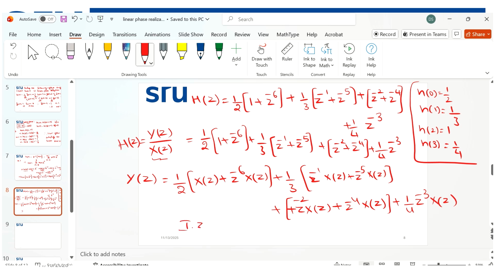Now apply the inverse z transformation on both sides.